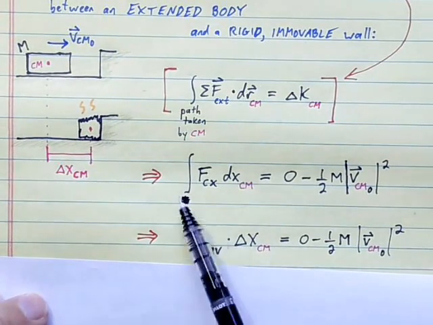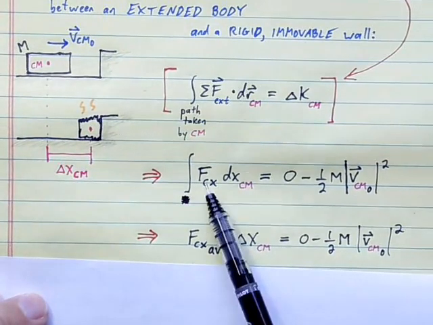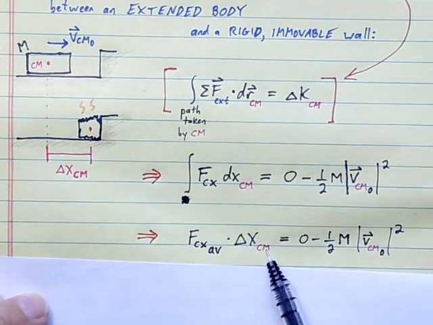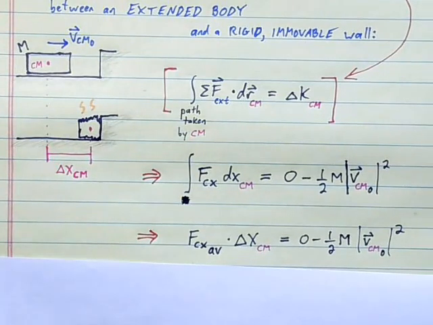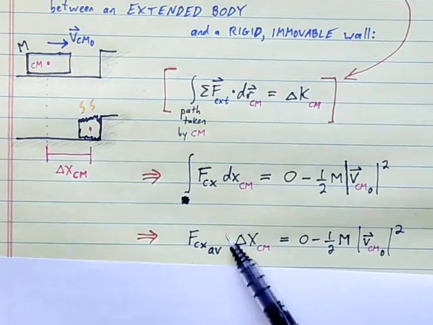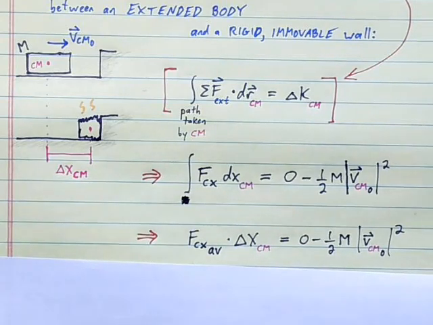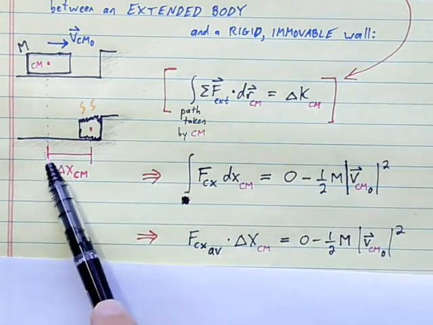So replace this integral with the average value of the integrand times the delta x. And this typically would be the equation you actually solve. You would either be given the average value of that force, or often you'd just be assuming that it was some constant value times that displacement.